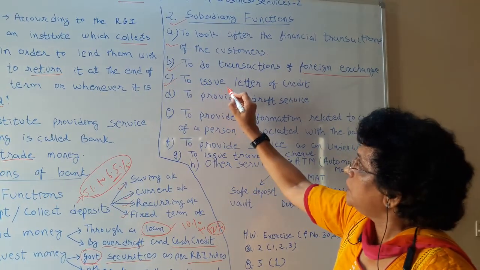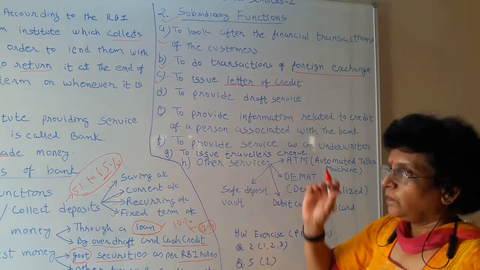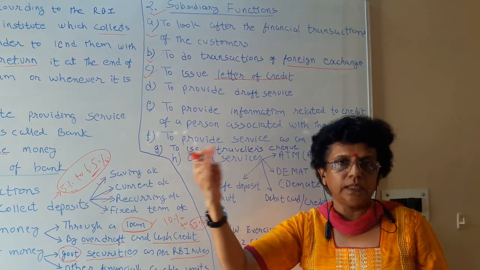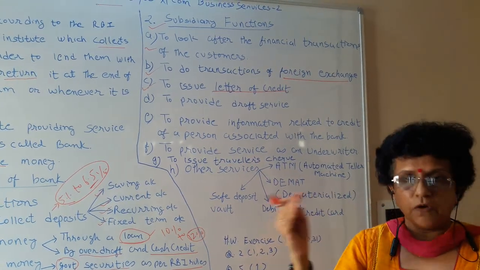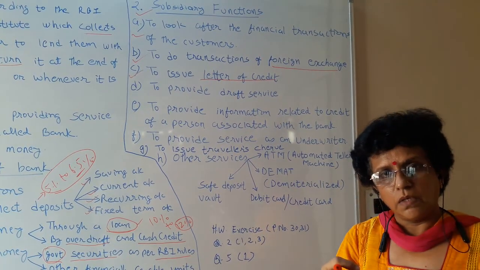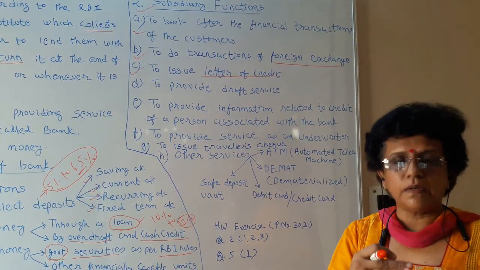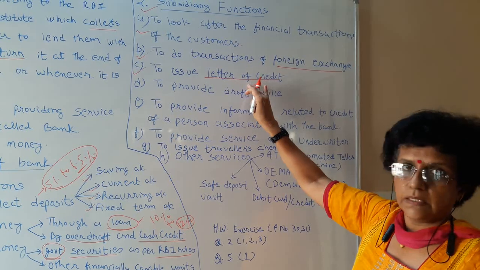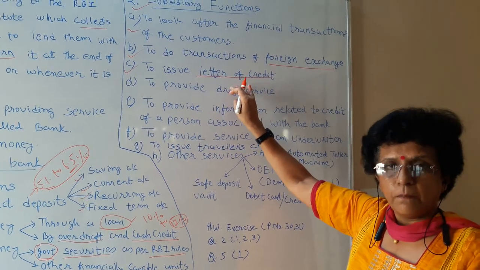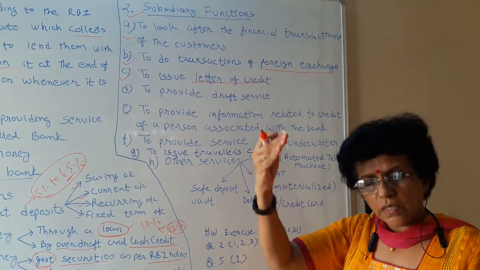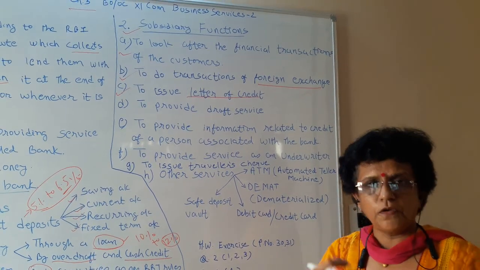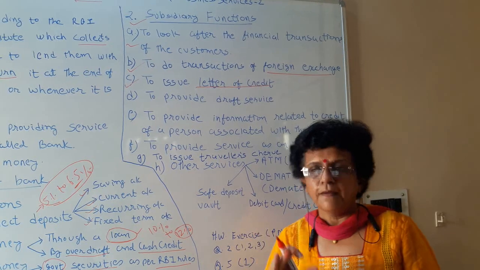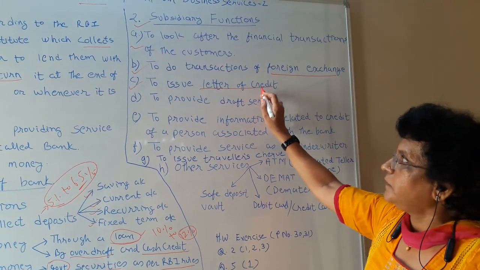Next, to issue the letter of credit. When you do foreign trade, the opposite party who is selling goods to you does not know you and doesn't have trust in you. So to ensure trustworthiness, you approach the bank. The bank manager looks into the financial transactions of your bank account, and if he finds everything sound, then he will write the letter of credit.